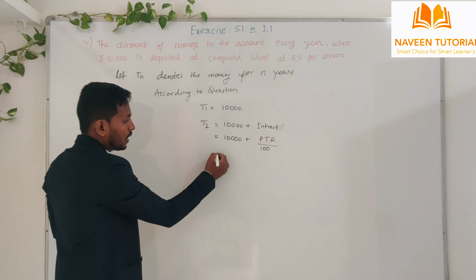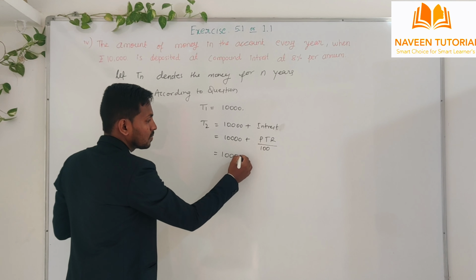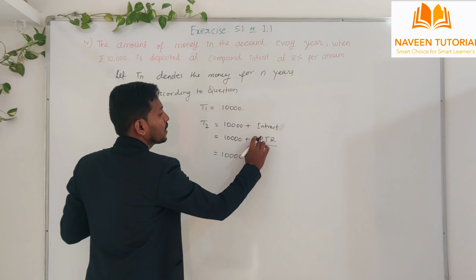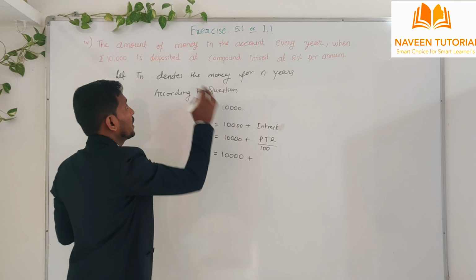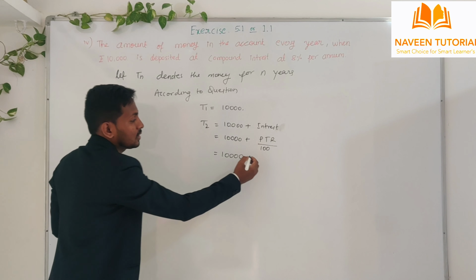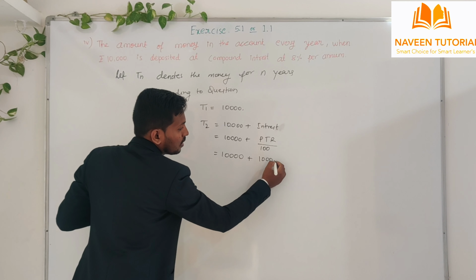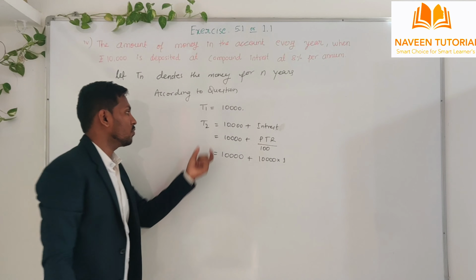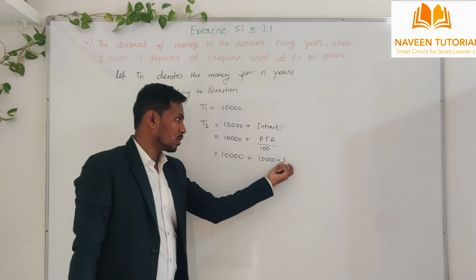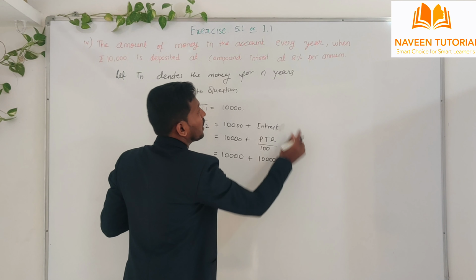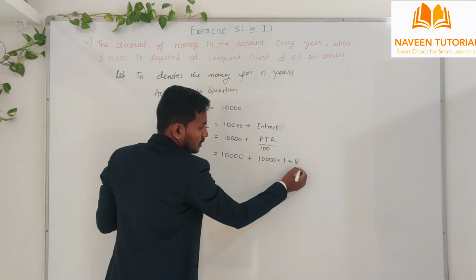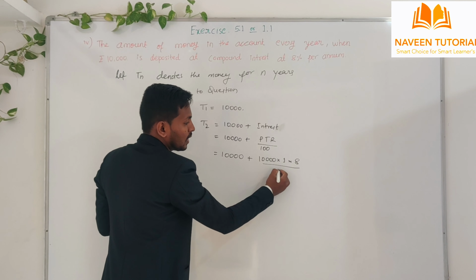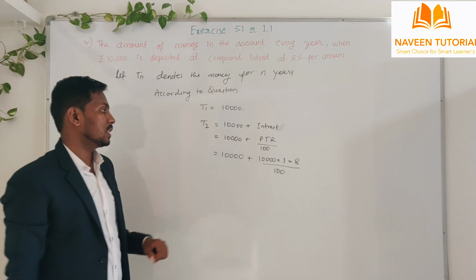That is 10,000 as it is plus P means principal amount, that is 10,000 here in the question, times T, we are calculating for the next 1 year, that is time we have to take 1 year, and the rate of interest, that is 8. So that is 8 whole divided by 100. We have to write 100 as it is.